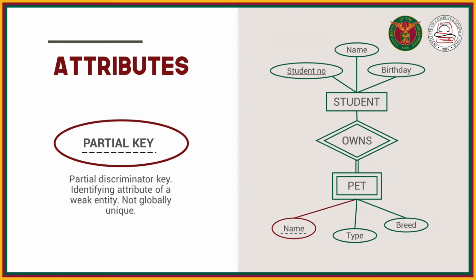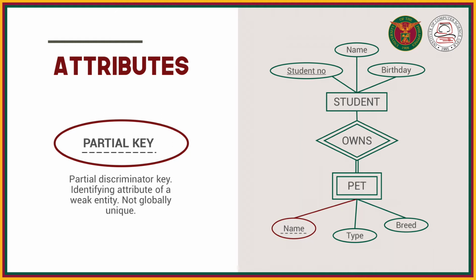For this example, we have a strong entity student that owns a pet. So our pet is a weak entity. Now, a student may own several pets. For example, student A owns 5 dogs. For each of the dogs, we have unique names. That's why we specify it as our partial key.